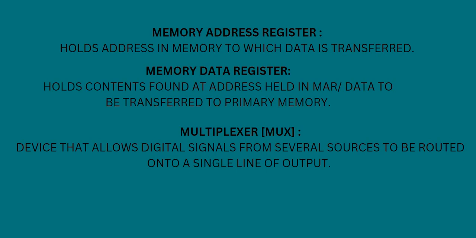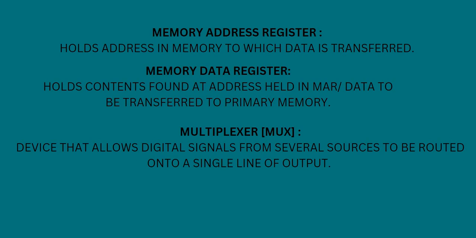Next is the memory data register or MDR. It holds the contents found at the address held in MAR, or data to be transferred to primary memory. So the memory data register contains actual data that has either been found at a particular address in memory or data that needs to be transferred to a particular location in the memory.